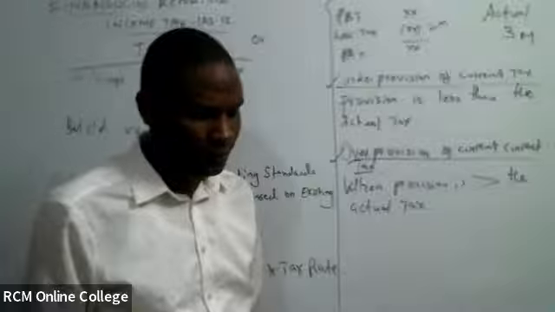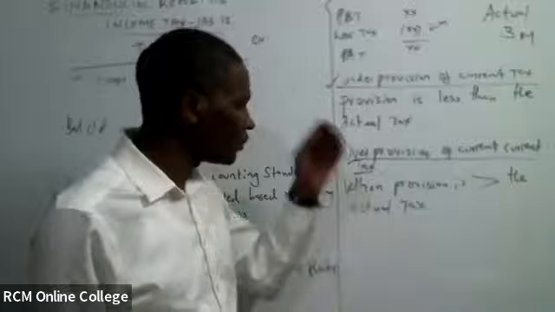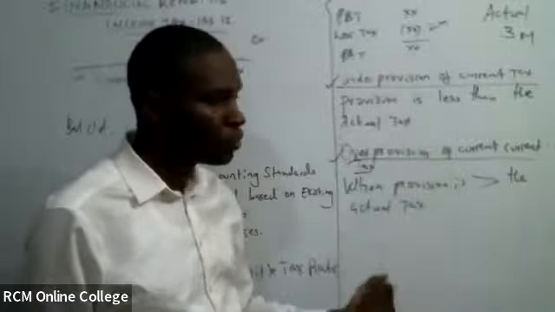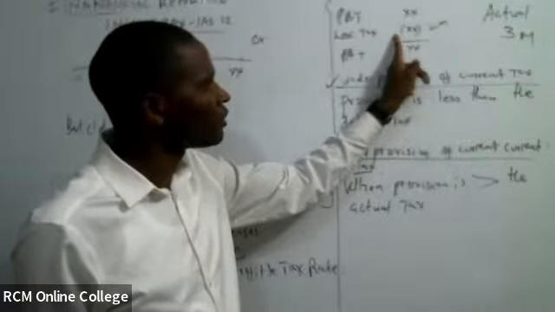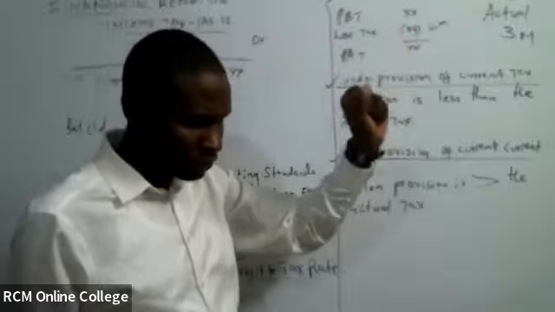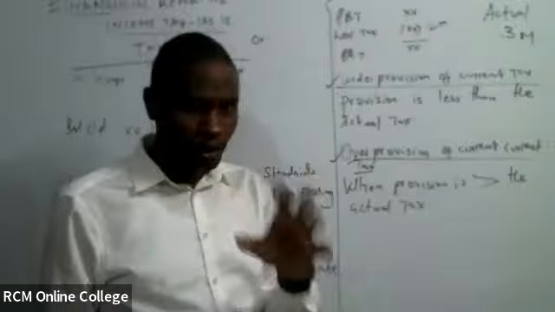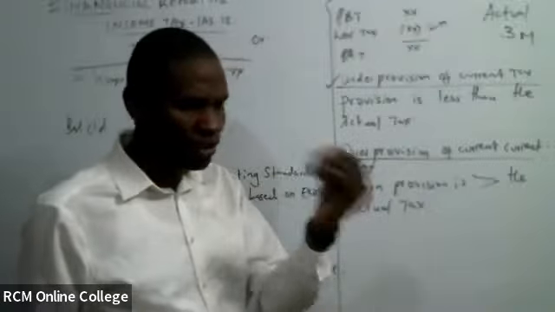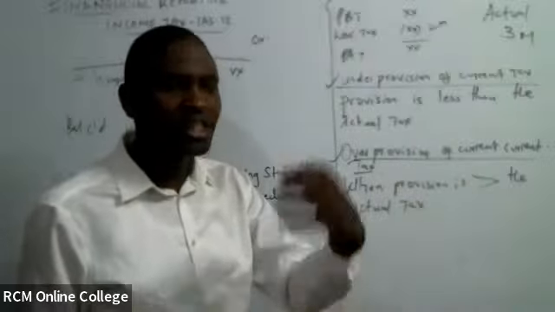I want to give the next statement here. Good. Now, over provision, tumesema kwamba kama 2022 the estimated is maybe 5 million and actual is 3 million. So there is an over provision of how much? 5 minus 3, it will give me 2.